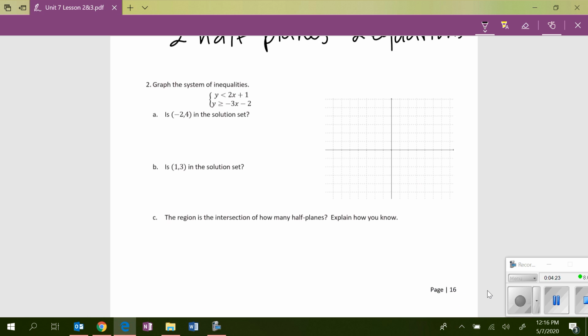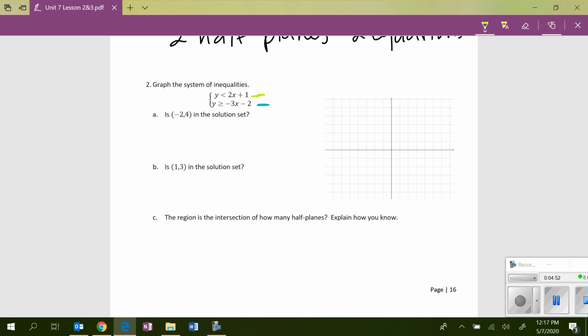I think we'll do this one together because it's a little more complicated, or maybe you're even more comfortable with this since we have our slope-intercept form versus just x is this, y is this. I've got y is less than 2x plus 1, and I'm going to use those same colors, green and blue. Now my first equation is just a less than.